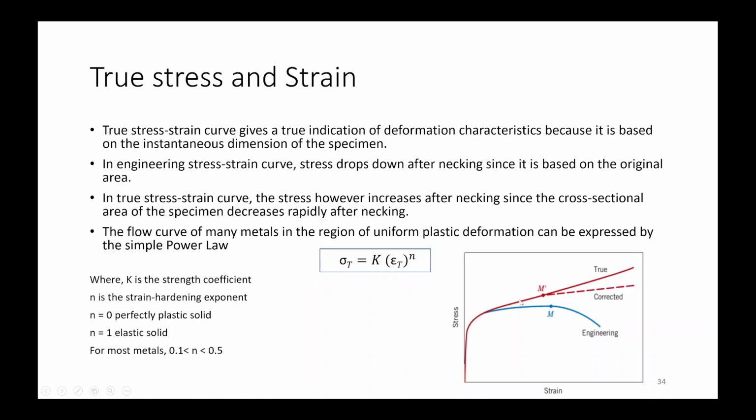So in this region, above your yield point and up to UTS, the equation can be given by sigma t equals k times epsilon t to the power n. Here sigma t is your true stress, epsilon t is your true strain, k is your strength coefficient, and n is your strain hardening exponent.